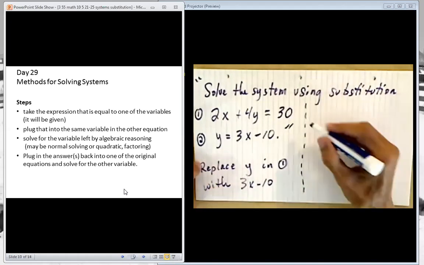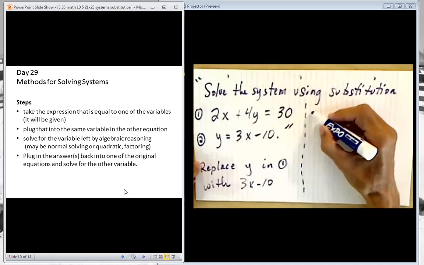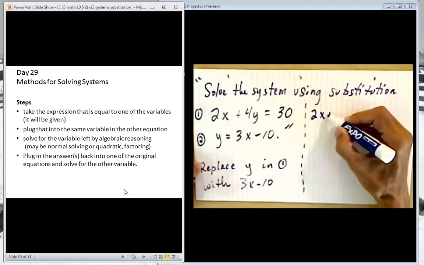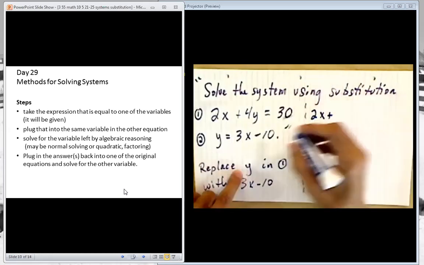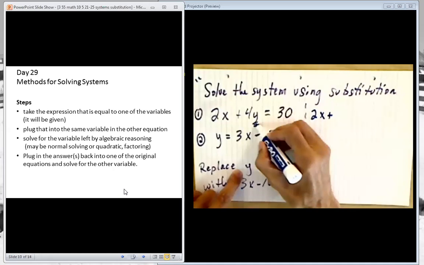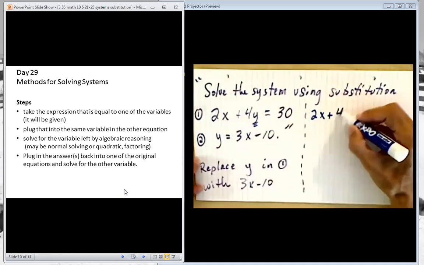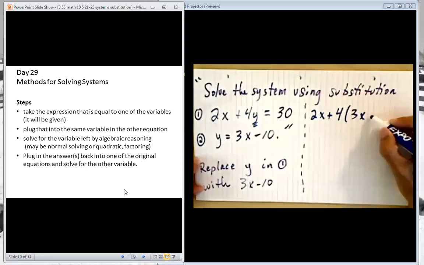Plus 4 times 3x minus 10, so y equals 13x. Check this out. As I said, we're going to replace Y with this good stuff here. So it's going to look like 4 and replace it now. Yeah, you got it there. 3x minus 10 is equal to 30.